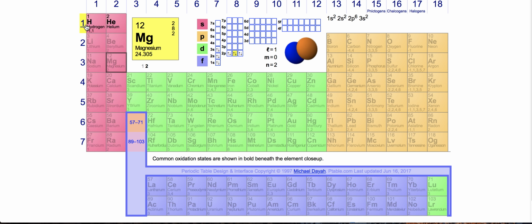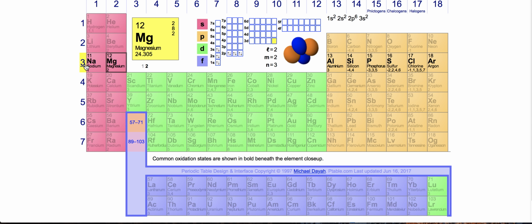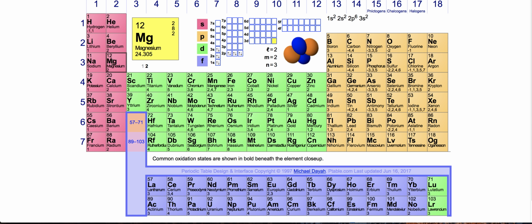So 1s, 1, 2, 2s, 1, 2, 2p, 1, 2, 3, 4, 5, 6, 3s, 1, 2, cruise across, 3p, 1, 2, 3, 4, 5, 6. Click into the fourth energy level, 4s, 1, 2.